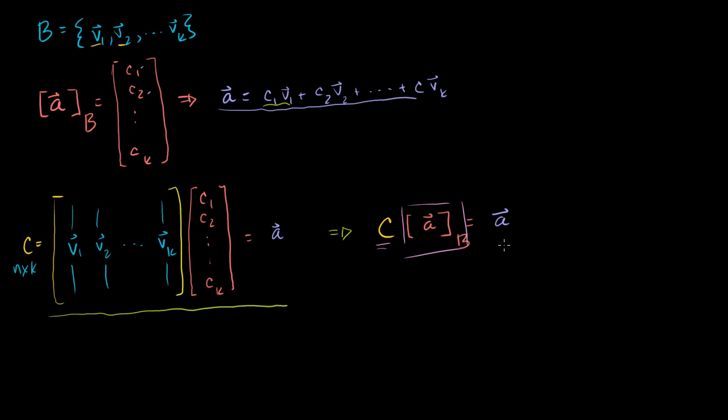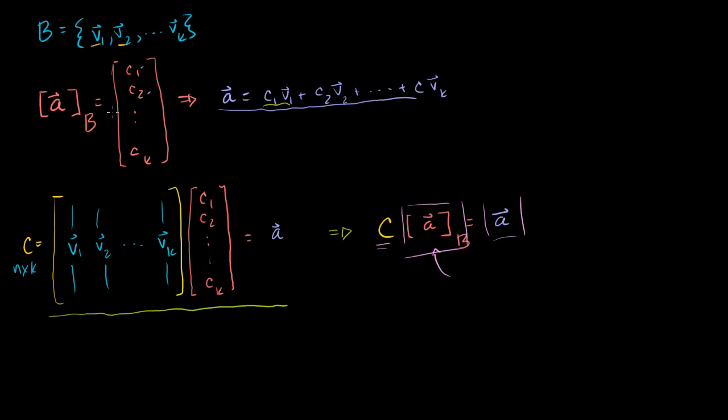The other way, if you have some vector A that you know can be represented as a linear combination of B, or it's in the span of these basis vectors, then you could solve for this guy right here to figure out A's coordinates with respect to B.